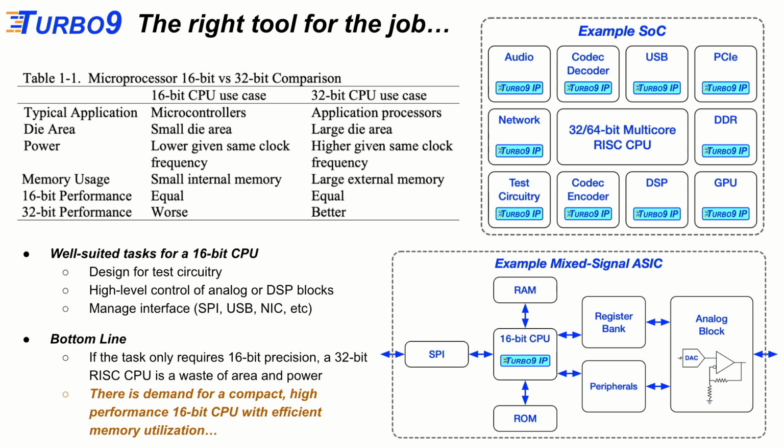Also, the 16-bit CPU is going to have a smaller memory footprint because it has smaller data precision as well as smaller instructions. Of course, on 16-bit performance we should be about equal, but on 32-bit performance, obviously, we're going to perform worse. But that's the point: if you're doing a bunch of 32-bit math, then this is not what you want to use.